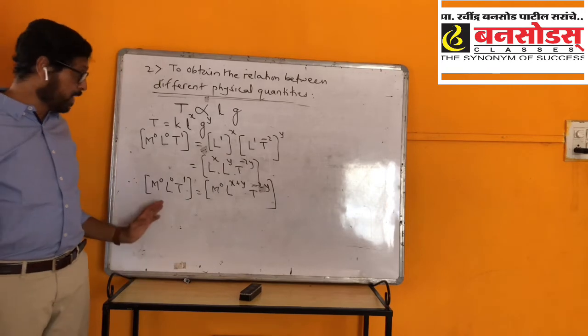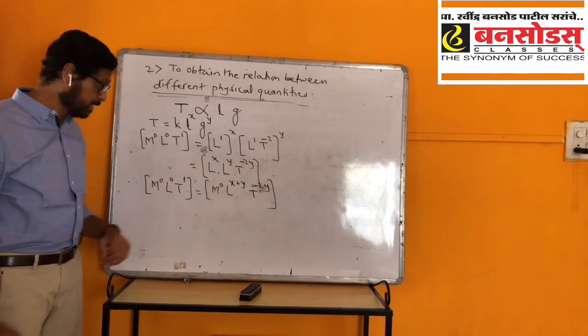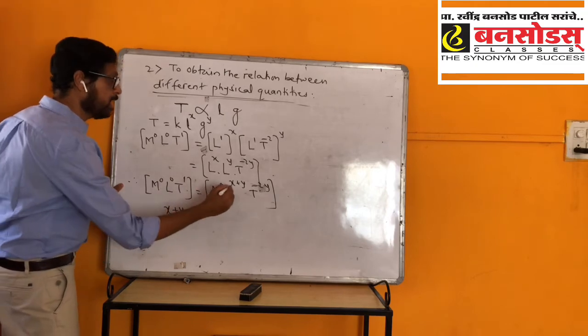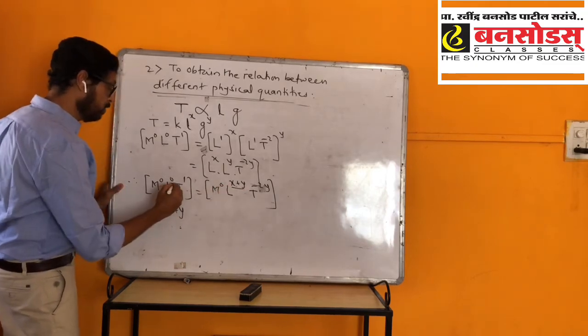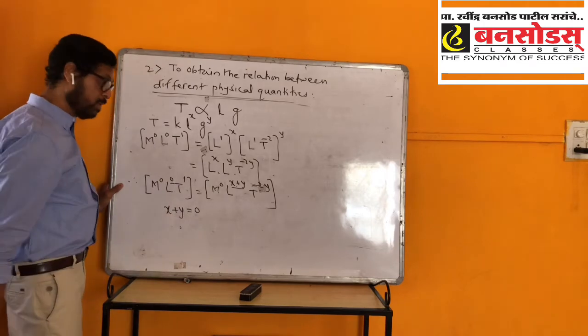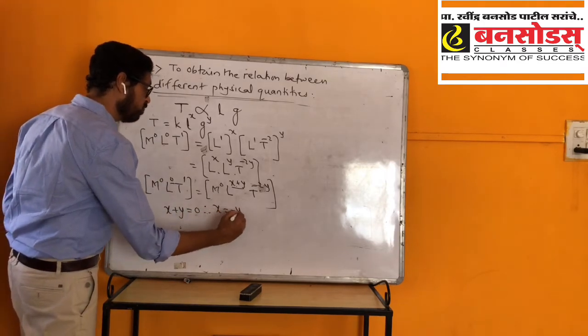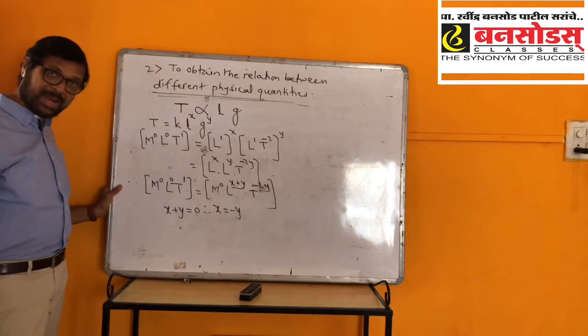Now compare the powers, LHS and RHS. What do you get? X plus Y is equal to 0. X plus Y is equal to 0 means X is equal to minus Y. Am I right?